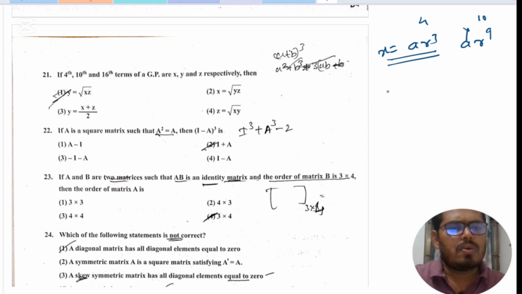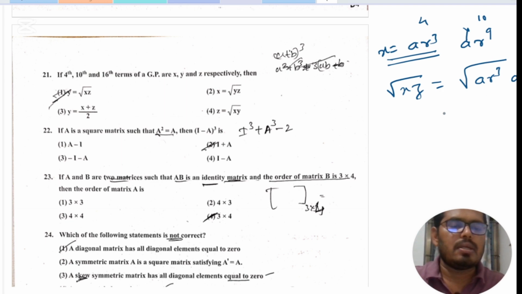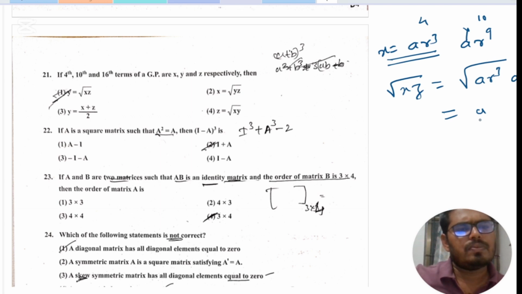If you take the square root of xz, it is equal to the square root of a r cubed into a r to the 15, that is equal to the square root of a squared into r to the 18. The square root of a squared is a, and the square root of r to the 18 is r to the 9.